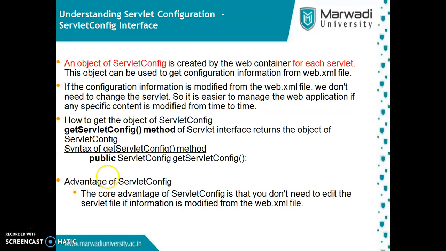In this way you can access the object for this interface, and later you can call any method of this interface. What are the advantages? The core advantage of ServletConfig is that you do not need to edit the servlet file if the information is modified in the web.xml file.